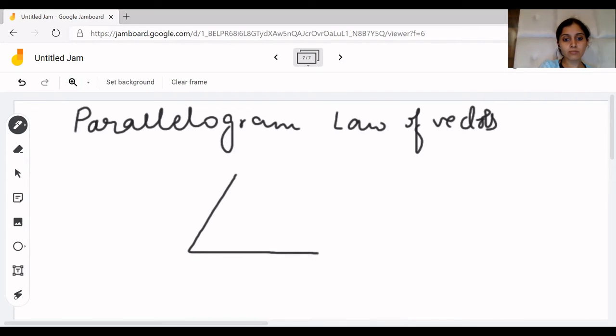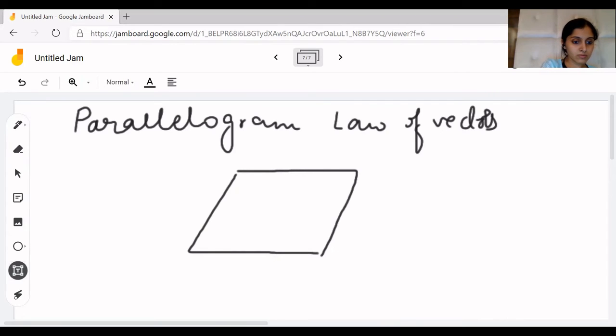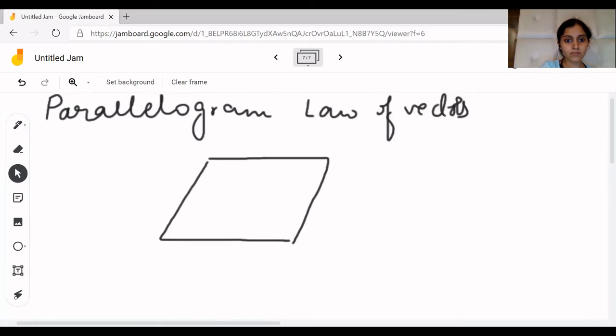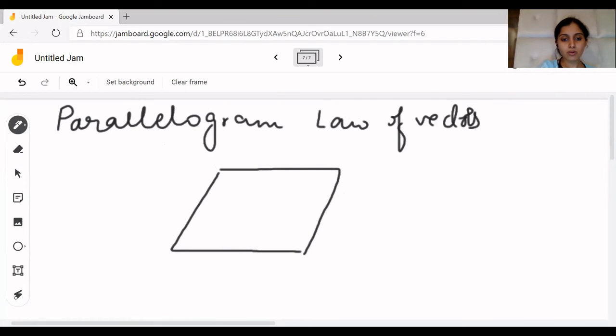Let's first construct a parallelogram here. We'll see this as O, A, C, and B. So OACB here is your parallelogram. OA can be written as a bar. AC we are calling b bar here.